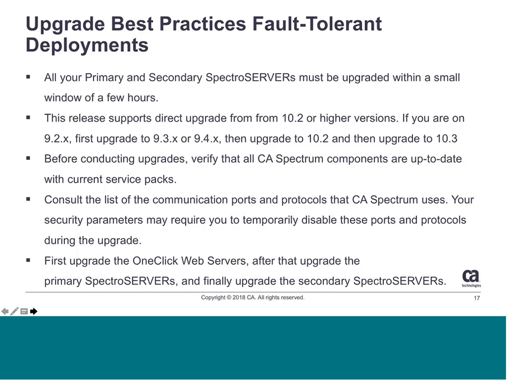Again, the pattern to follow is you first upgrade the one-click web servers, and then you go for the primary Spectre servers, and then you go for the secondary Spectre servers. Now, this being a fault-tolerant deployment, that's why we have the primary and the secondary Spectre servers.